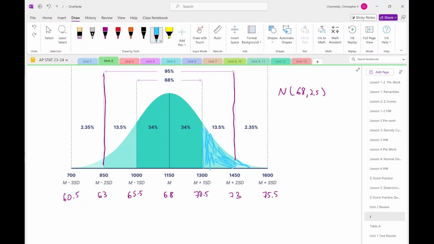Well, there's several ways to do this. I think I'm going to go the approach of looking at the shading on the other side.